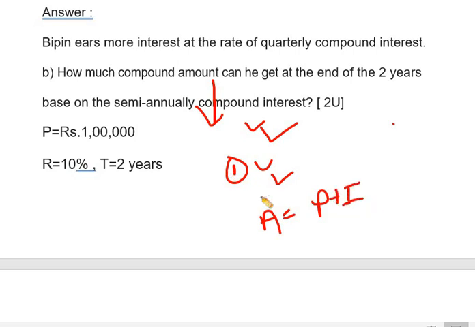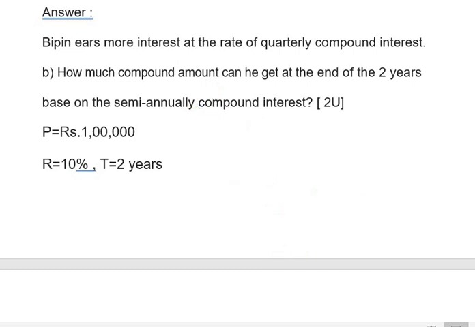First find the compound interest and then add to principal, then it will be the compound amount, or you can use a formula directly to find the compound amount. Now the formula is very simple. For example, for half-yearly compound interest.